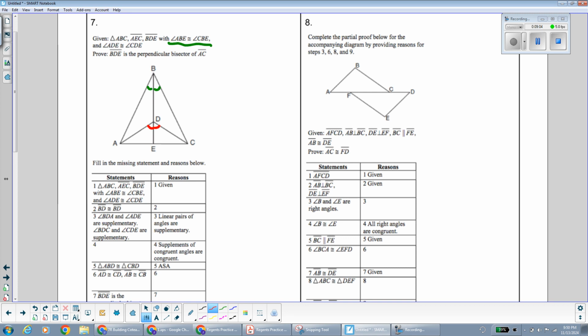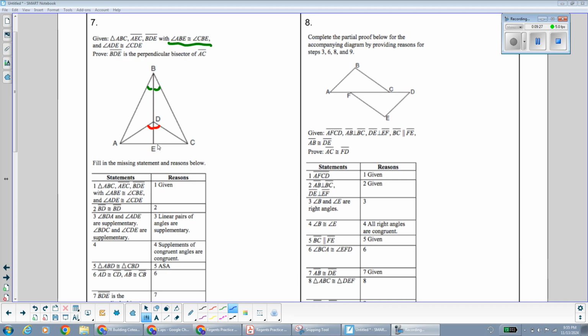And what we need to prove, so our goal is to prove that BDE, this line segment over here, is the perpendicular bisector of AC. So if you take a look, it looks like it could be the perpendicular bisector of AC if we prove that it is in fact splitting AC into two equal parts.